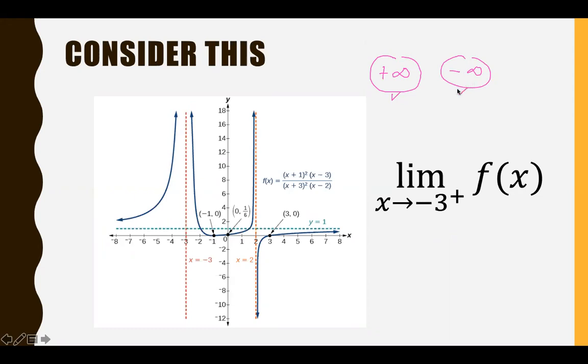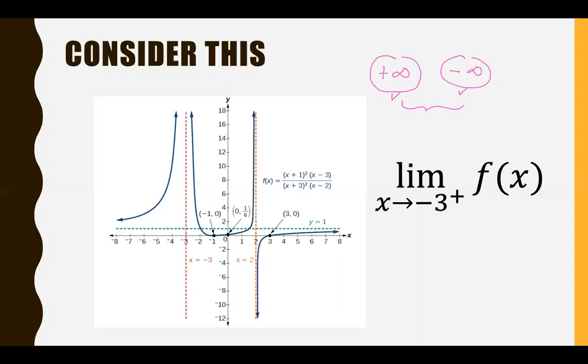However, I just want to emphasize here that when we say positive infinity and negative infinity, that does not mean that this is a number. That does not mean that the limit does exist. I just want to clarify that even if your answers are these, they still represent that the limit does not exist. It is just that we use positive infinity and negative infinity to denote that the numbers you're having are increasing rapidly if it is positive infinity.